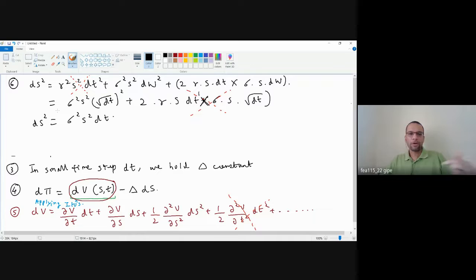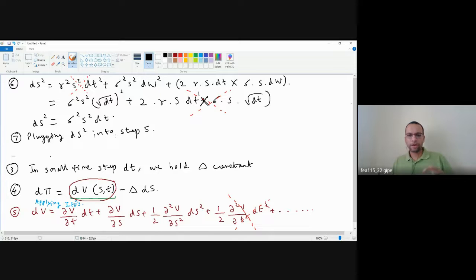So now if I go back to my step 5 and plug this in, I can just replace ds square by this. So plugging ds square into step 5. Or maybe I'll just do 2 steps in one go.